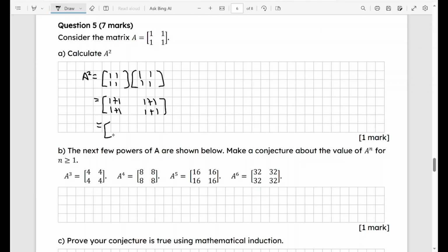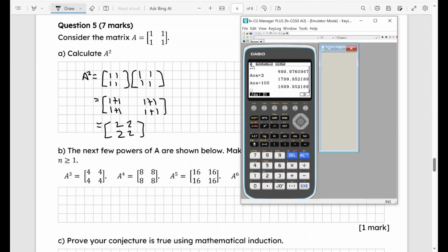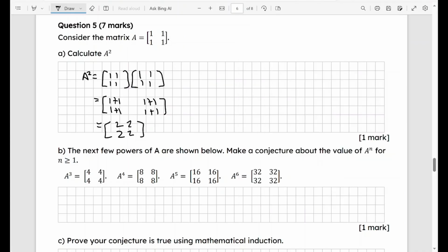This is 2, 2, 2, 2. Now, if you want to do that properly, you can jump into matrix mode. We can enter our matrix here. Very exciting matrix. Shift matrix alpha A squared should give you 2, 2, 2, 2. So that's right. And then the next powers are shown here.